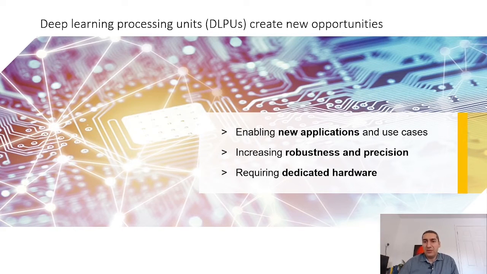Now, one of the main advancements that I talked about just now on the edge is the deep learning processing units that create new opportunities. They are enabling new applications and use cases. We have increased robustness and we have this dedicated hardware for these deep learning applications, which we didn't have before.